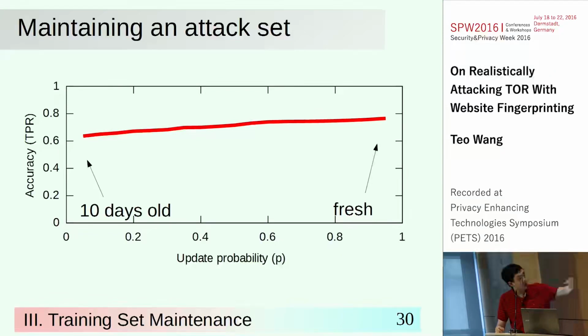You can see that the accuracy drops somewhat steadily when it gets to about 10 days old, but if it's only 1 or 2 days old, which is entirely possible if we have several thousand elements in our data set and we just keep updating it regularly, we can still maintain its original high accuracy value. So the accuracy doesn't drop that drastically across 10 days.